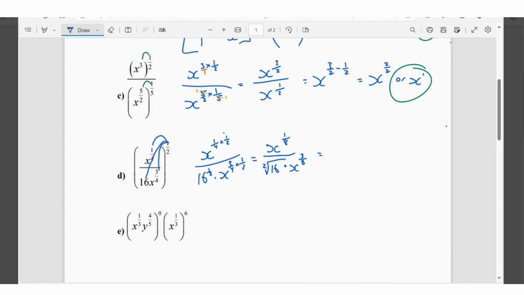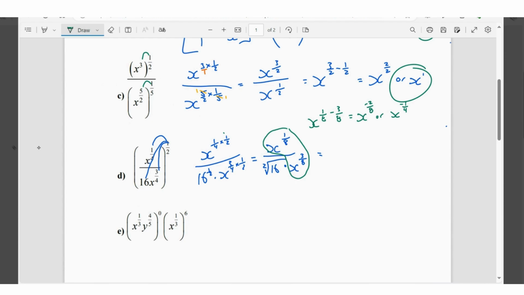We have an x to the 1/8, subtract, it's being divided by this one right here, subtract 3/8. It's the same number on the bottom, which is helpful, but it's going to end up being a negative. So we're going to end up with x to the -2 over 8, or x to the -1 over 4.